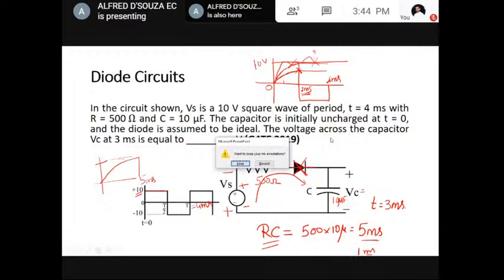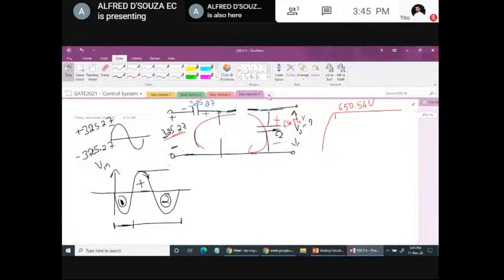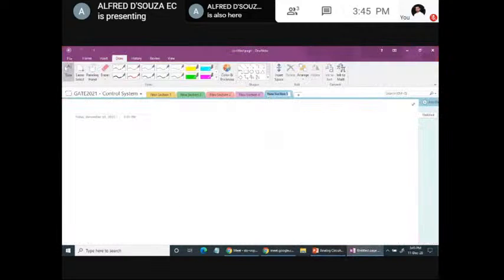In order to find that, you should remember the capacitor charging equation. For your benefit, I'll do a small derivation. During the positive half cycle, the diode is forward biased, so it is represented as a short circuit.